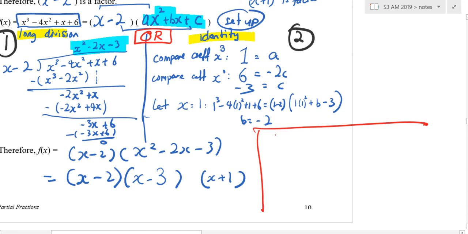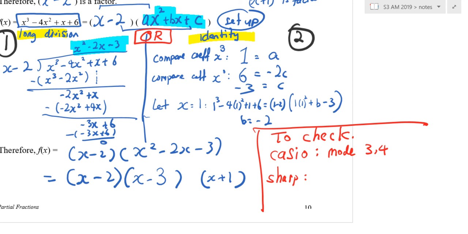To check: Casio, mode 3, 4. Sharp, I don't know. Can I have the mode 2? Mode 2, 3. Mode 2, 3, yeah? Mode 2, 3.